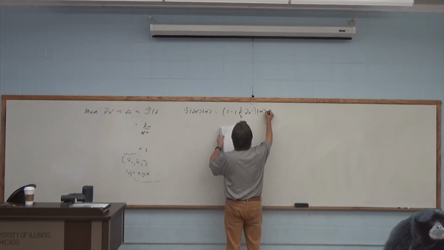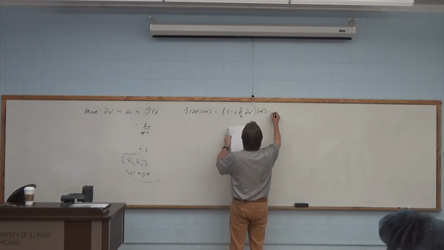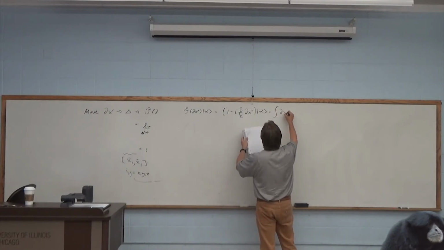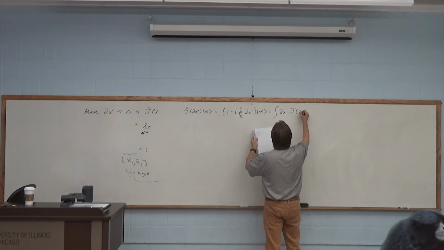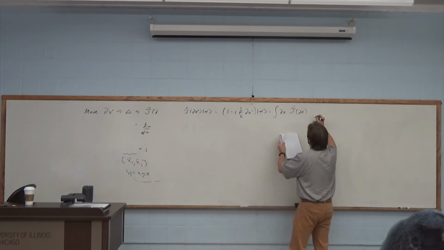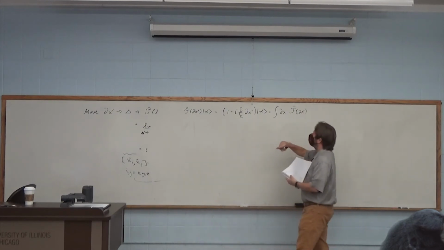I mentioned to you that I wanted to do this to make sure that you're okay with how to do resolutions of the identity as it applies to the translation operator. So what I'm doing here is I just applied the translation operator to the state.